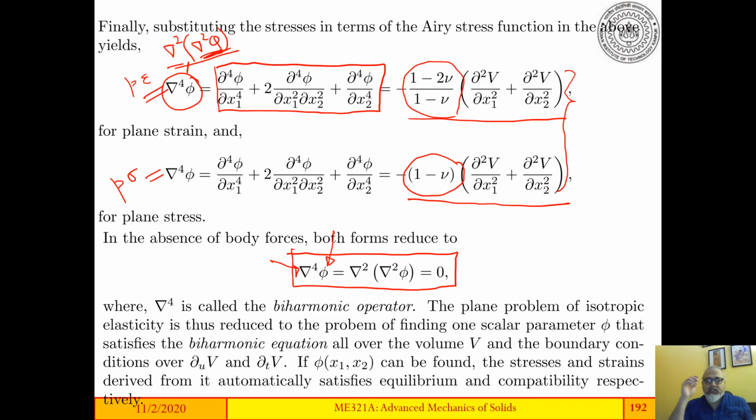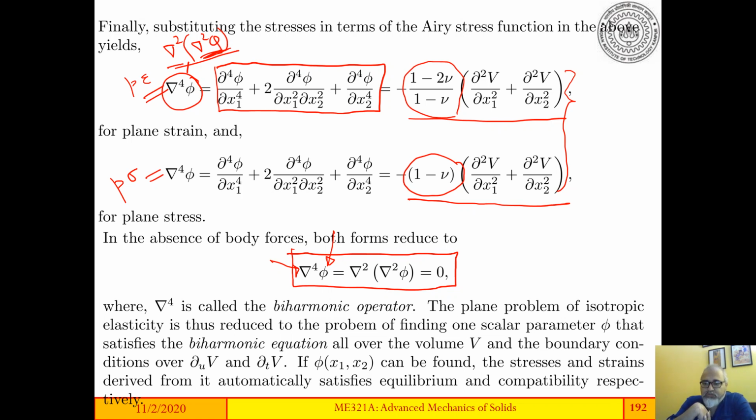This is the framework that we are going to use at the beginning to solve problems in plane stress or plane strain. And first, I will show you situations where we do some kind of a brute force solution. So we just assume that phi is a very long series and then try to find the coefficients in the series.